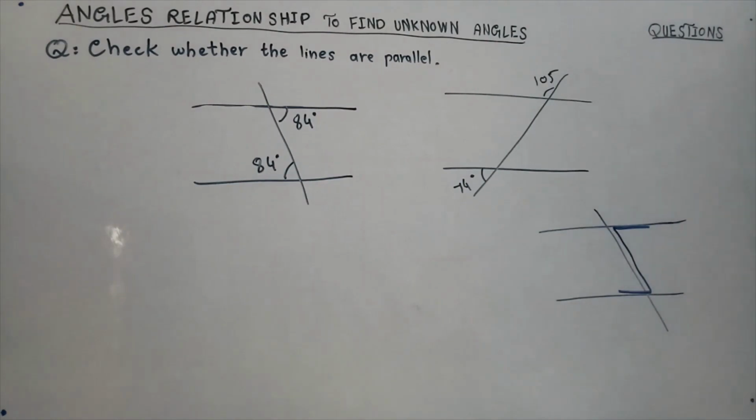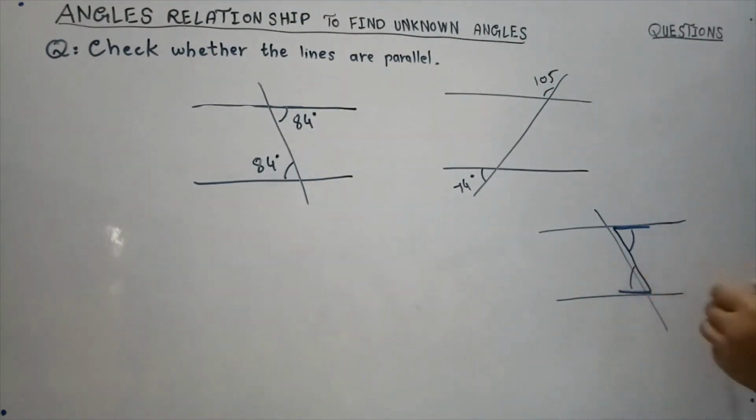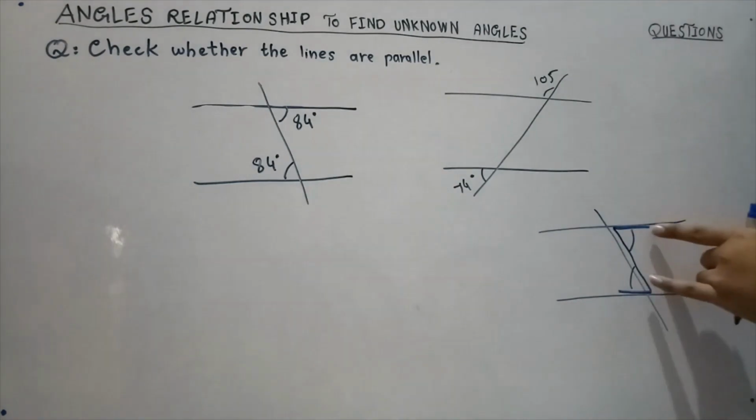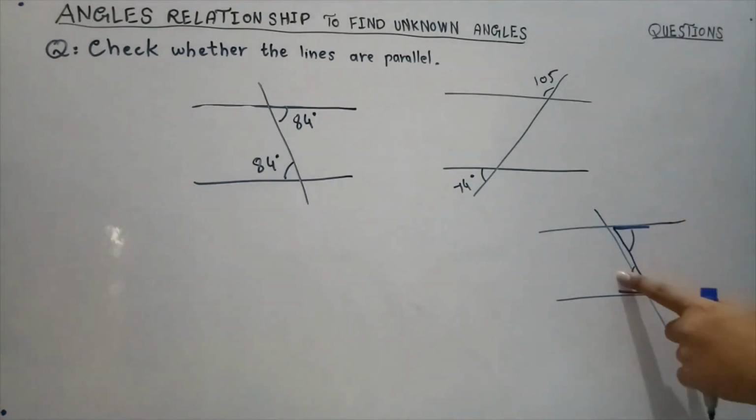So we have to check whether these two are parallel lines or not. If they are parallel lines, we will get these two angles, and these two angles will be equal. We will get a Z shape, and in the Z shape this angle will be equal to that angle.